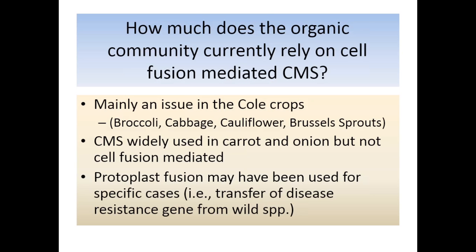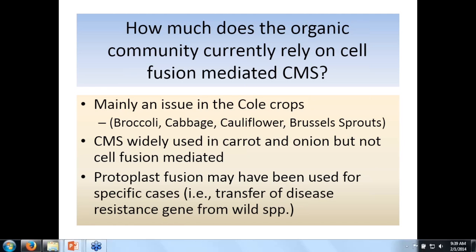And so another question is, how much does the organic community currently rely on CMS? It's mainly an issue in the cold crops, brassica, cabbage and so forth. CMS is used in other crops, for example in carrot and onion, but that was naturally occurring, so it does not fit in this definition of excluded methods.